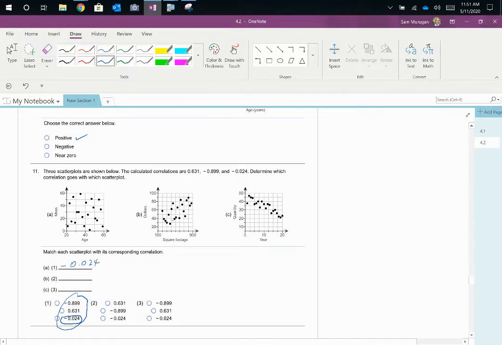Then this one is positive. So we're going to pick the positive choice, 0.631. And this is negative, so we're going to pick the negative choice that's closer to -1, which is negative 0.889.